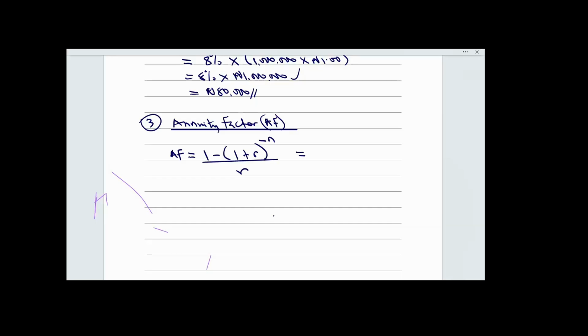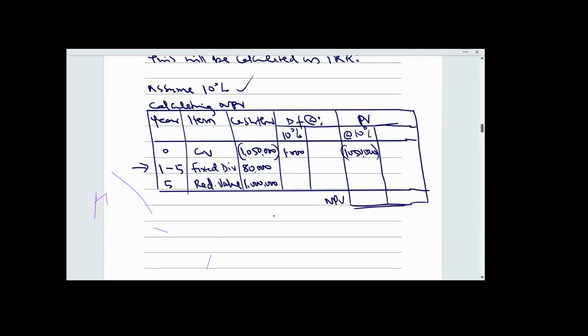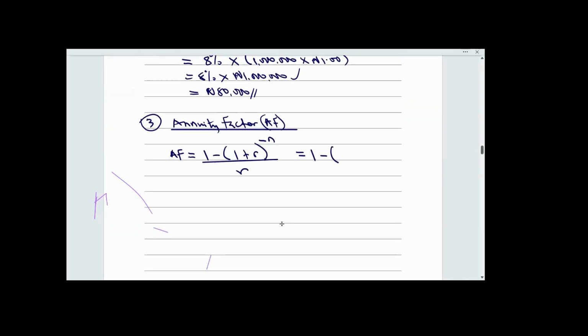In this case, our annuity factor will be equal to 1 minus, open a bracket, 1.1, since we assume 10% here. So r is 10%, n is 5 years.